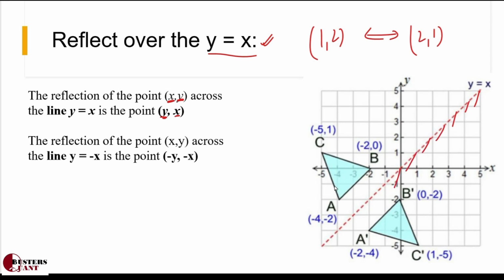Similarly, if y equal to minus x is the mirror, in that case y is the negative of x. Suppose the initial point is 1 comma 2, now y should be the negative of x, so y becomes minus 1, and similarly x equals the negative of y, so x is minus 2. So we can just see the equation, and using the equation we can also find the point.